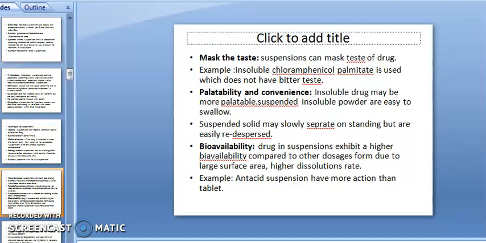Bioavailability means the availability of drug at the site of action. जिथं तुमची site of action आहे तिथं जो ड्रग अवेलेबल असतो फॉर द शो द इट्स फार्माकोलॉजिकल ऍक्शन त्याला म्हणतात बायोअवेलेबिलिटी. Example, antacid suspension have more action than the tablet formulation.